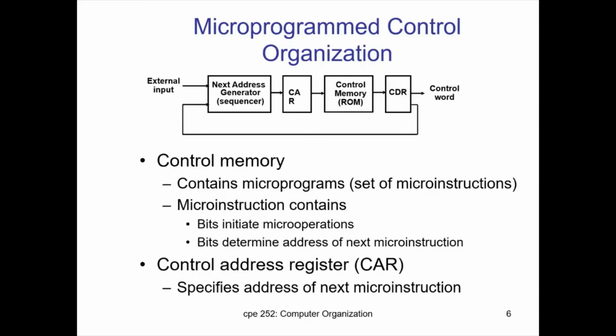Another important organization in computer organization is the micro-programmed control organization. So you go to an ATM machine, you give an external input, your ATM card, and you swipe. Immediately it finds the next address.